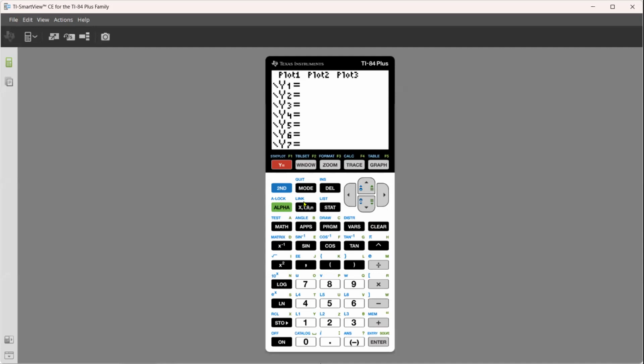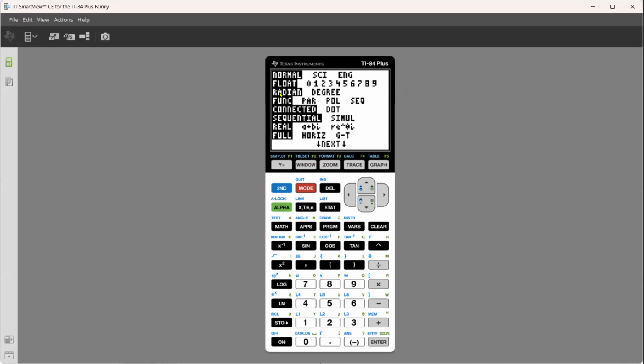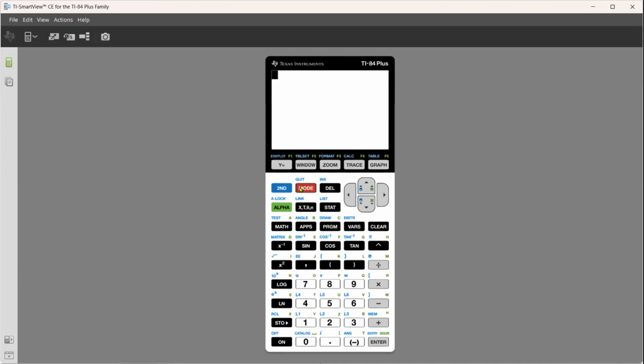Make sure that your mode is in radian for this. If you're in degrees, you're going to get a funky looking graph. Make sure you're in radians when you do it. So take a quick look, make sure you're there.